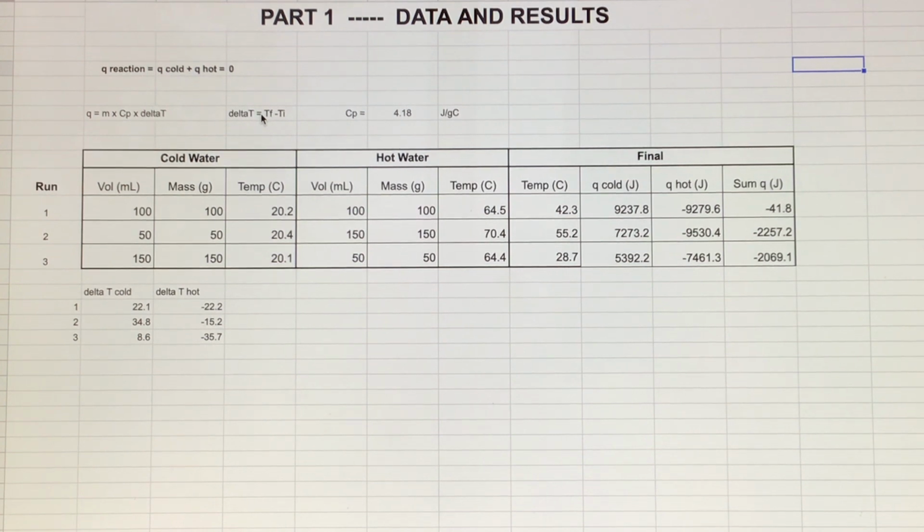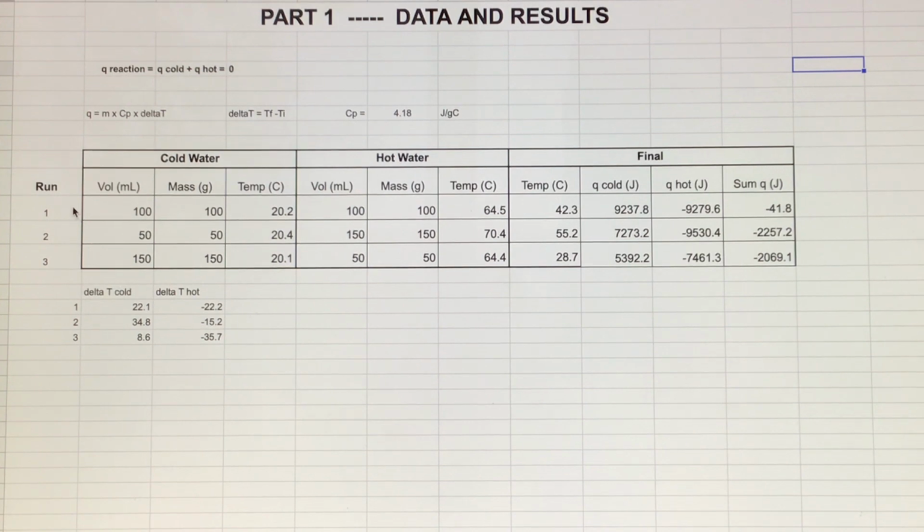Otherwise, for an endothermic reaction, so a reaction that absorbs heat, the final temperature will be higher than the initial temperature, and therefore their difference, their delta, will be positive, will be more than 0. So what happens to our cold water and hot water when we mix them?